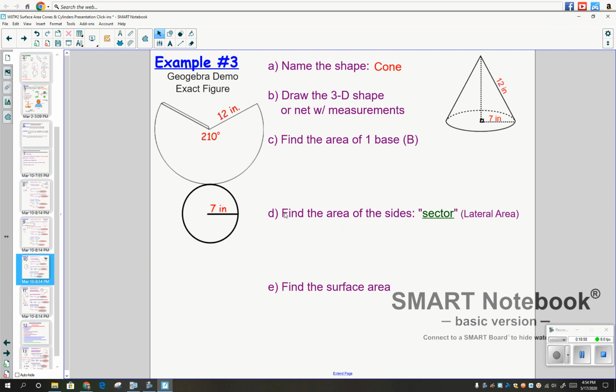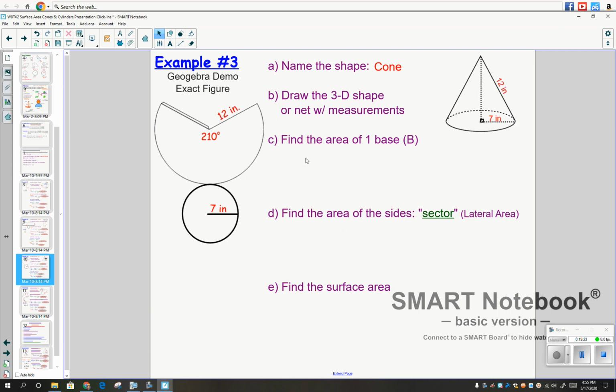There's my cone. 7 inches is the radius of the base. 12 inches is the radius of the sector here. That's also the slant height, because this point right here above this 210 is the apex, and that's going to go from the apex to the outside of the circle, which is the slant height of 12.